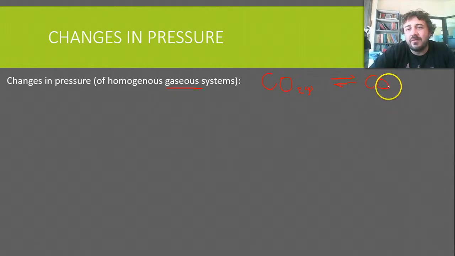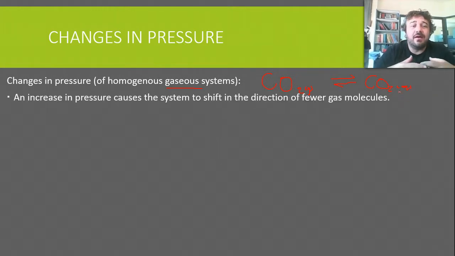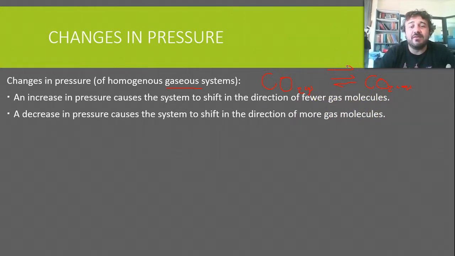So your CO2. Now an increase in the pressure causes the system to shift in the direction of the fewer gas molecules. So as we increase the pressure, which of these two has the fewer gas molecules? It's that way. Decreasing the pressure goes the other way.